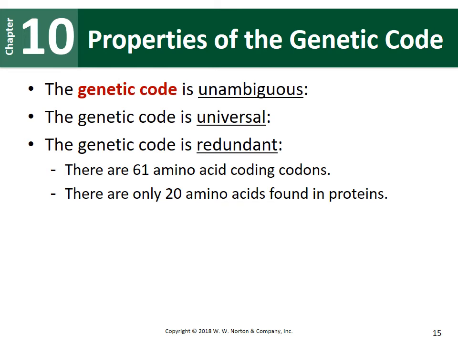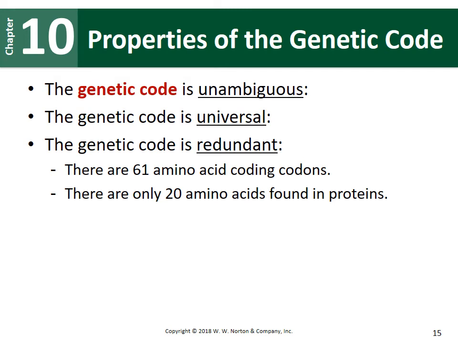Basically what this states is that there are 64 different possible codons. 3 of them are used as stop codons, so they don't actually code for an amino acid. So there's 61 codons that code for amino acids, and there are 20 possible amino acids.